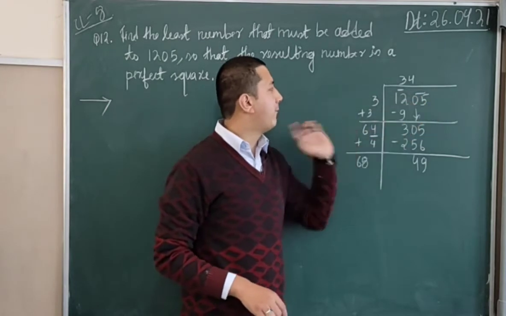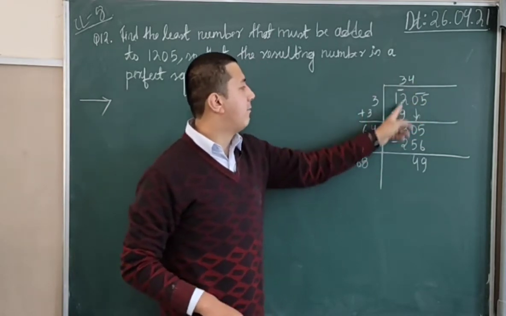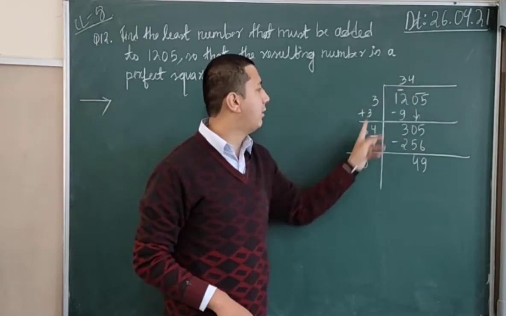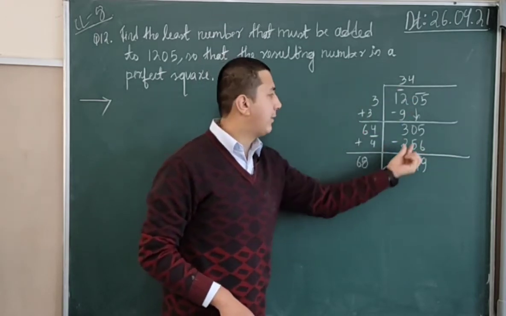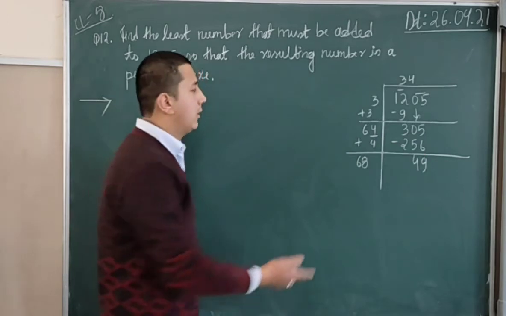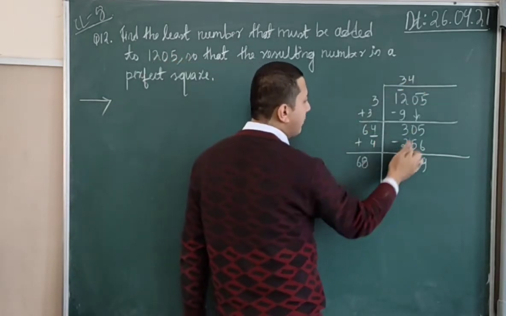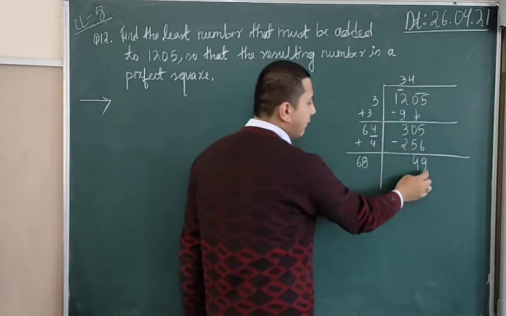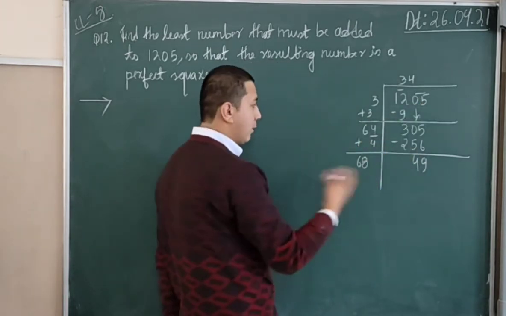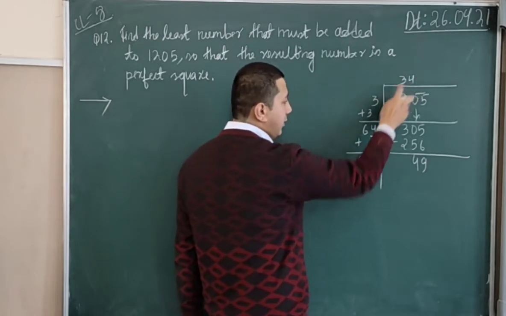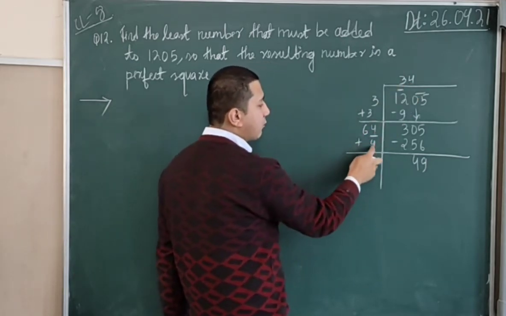1205, pair. 3 3s are 9, remainder 3. So 05 will be here. 3 plus 3 will be 6. Now I am getting 305. So which number? 64 into 4 will be 256, which will give me the remainder as 49. If I have put 4 out here, then put 4 out here. 64 plus 4 will be 68.